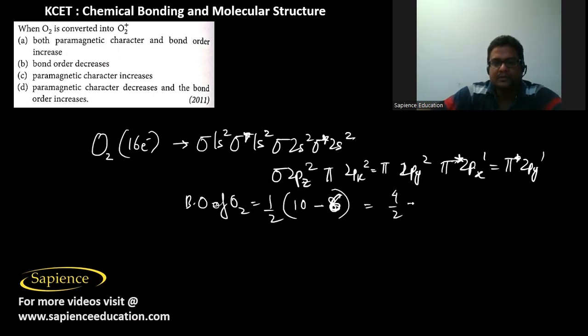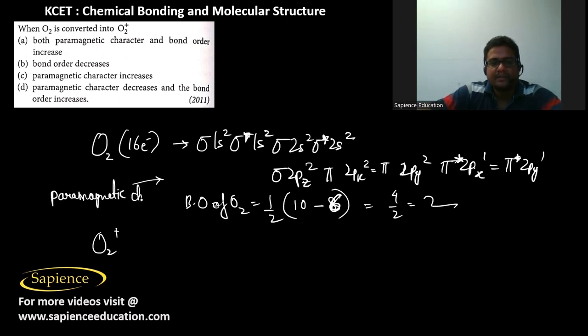So 4 by 2, that is equal to 2. And for O2, here we have half-filled molecular orbitals. So it has a paramagnetic character.